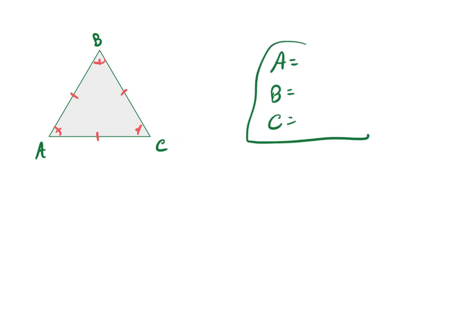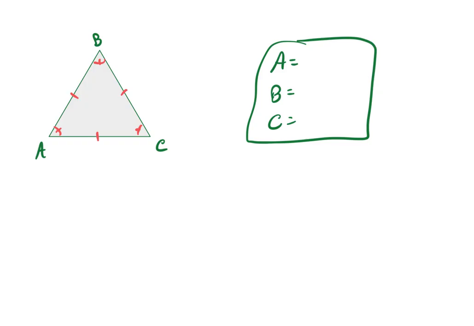One important result of this is, if I have a triangle that's equilateral, we just said that that also means it's equiangular. And the important result I need you to come away with, or to put into your notebook, is that if a triangle is equiangular, all of the angles are equal, you can automatically find the angle measure for each of the angles.